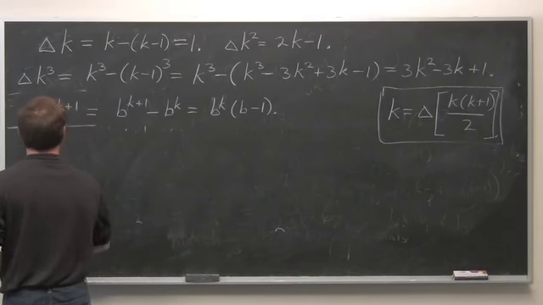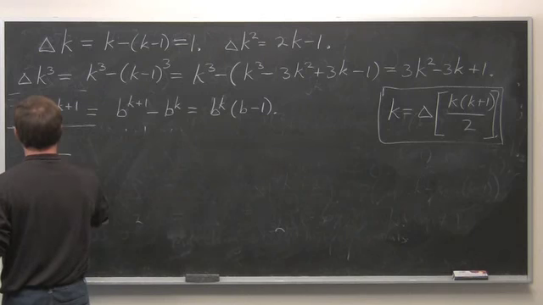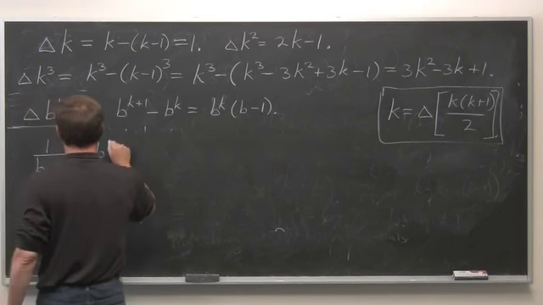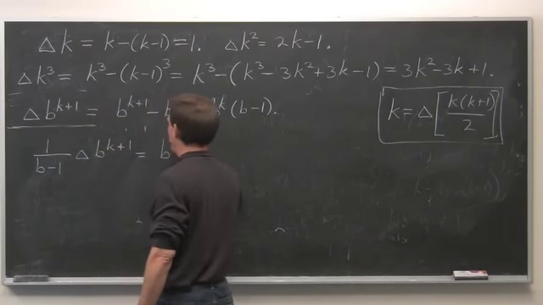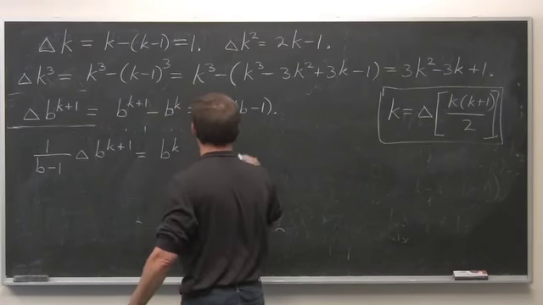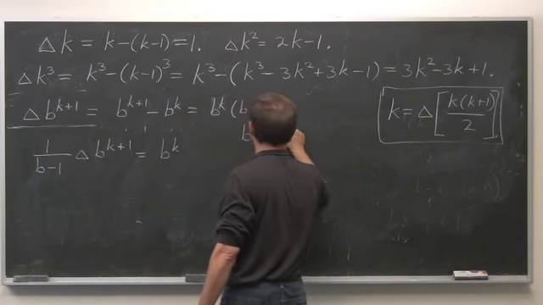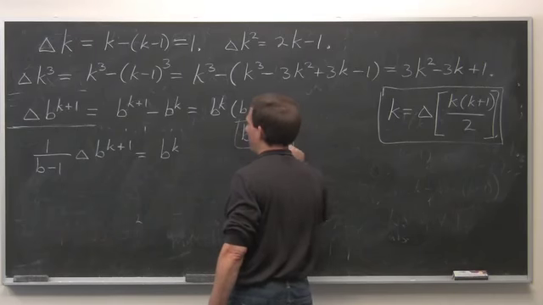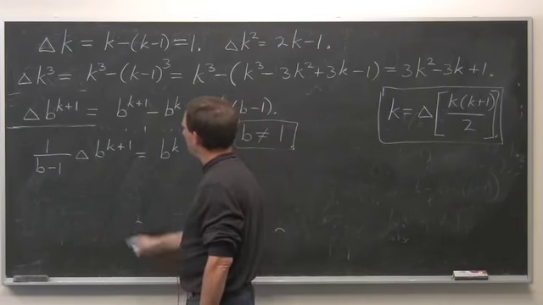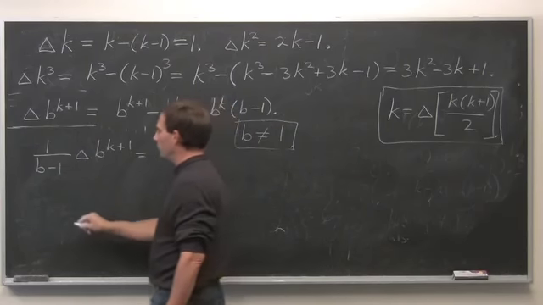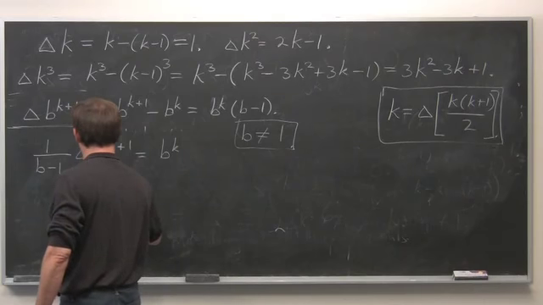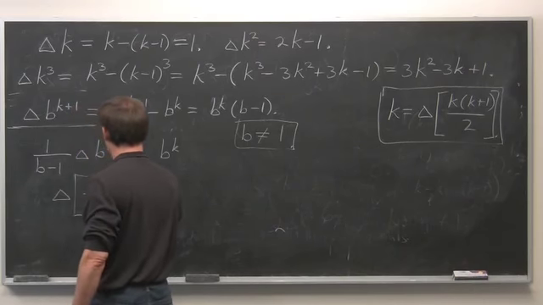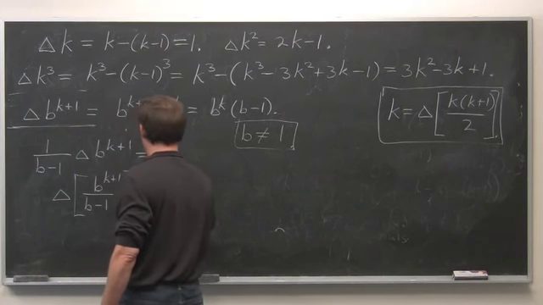And you get 1 over b minus 1 times delta b to the k plus 1 equals b to the k. Well, to do that, we need b unequal to 1. And then this is a constant, so you can just move it in here. So delta of 1 over b minus 1 times b to the k plus 1 is b to the k.